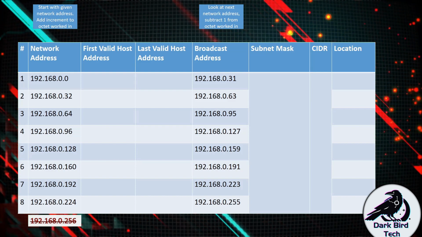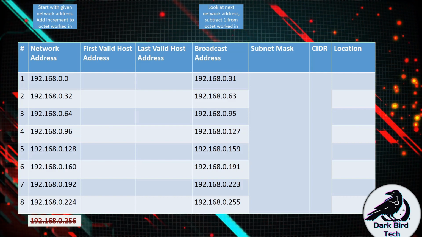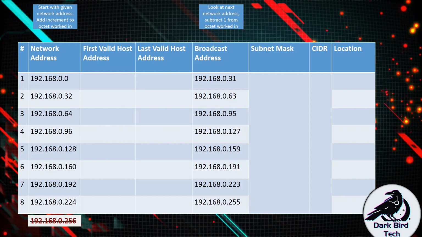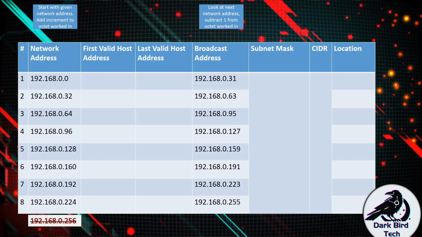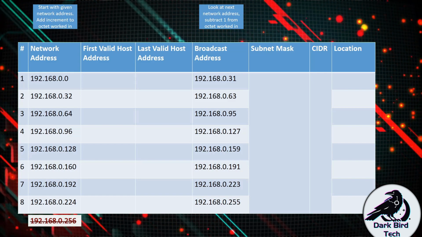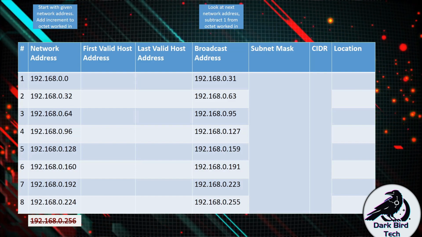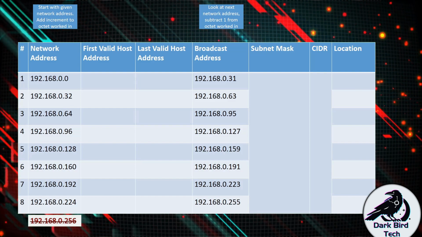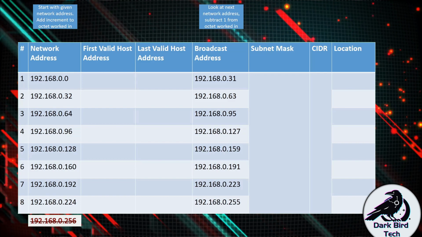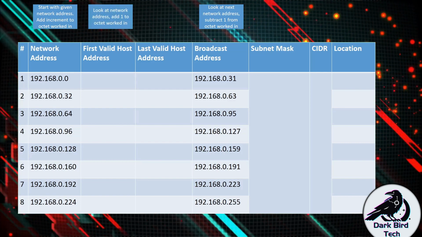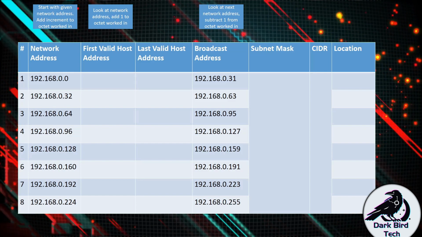But let's talk about the next thing. The next thing is we want to actually know what IP addresses we could use on computers or servers or printers or the router's interface so it can act as a default gateway. So let's go and check it out. The first valid host address and the last valid host address are going to be super easy to work out as well. Because for the first valid host address, I look at the current network's network address and I add 1 to the octet we worked in.